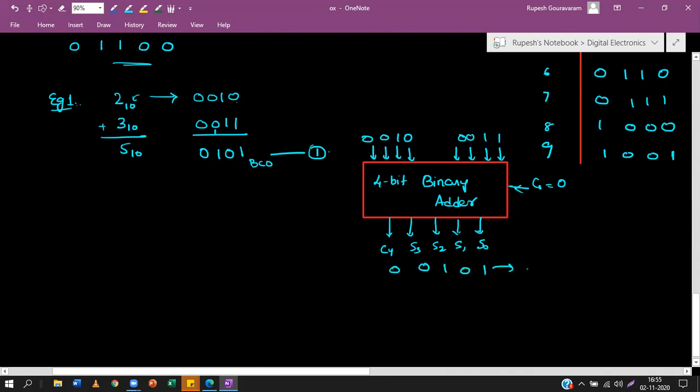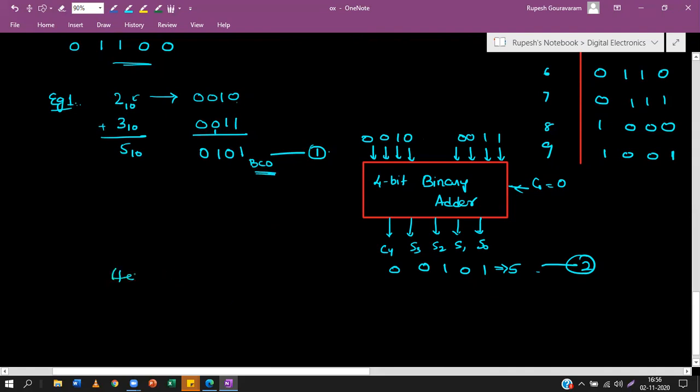That is, we are getting the value 5 here. So this is observation number 2. What we observed here is that this is equivalent to 5. That means we are getting the binary coded decimal equivalent same as the output of this 4-bit binary adder.